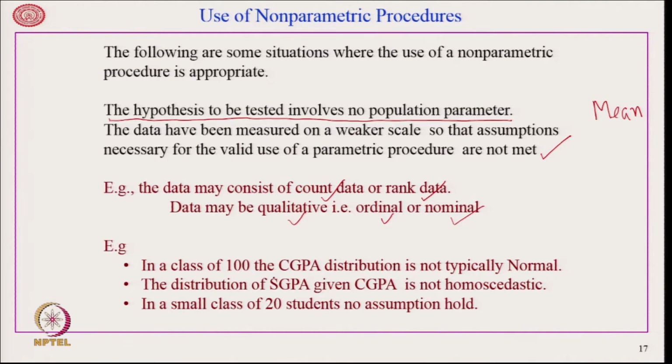In a class of 100, the CGPA distribution is not typically normal. If we look at the distribution of marks in a class of say 100, we will find that it is not normal. There will be a set of boys who are very good.